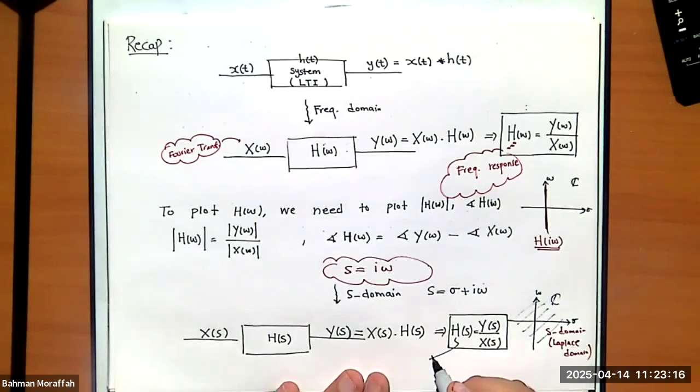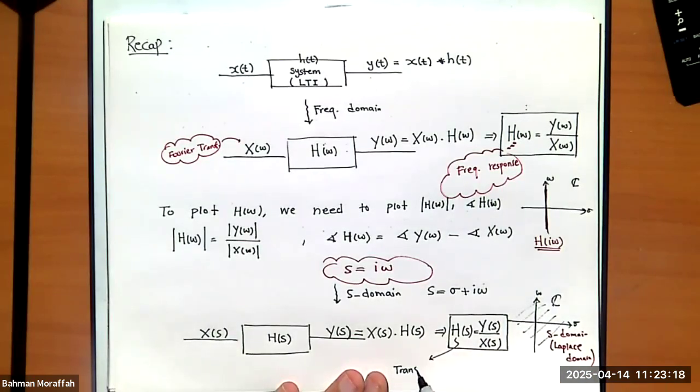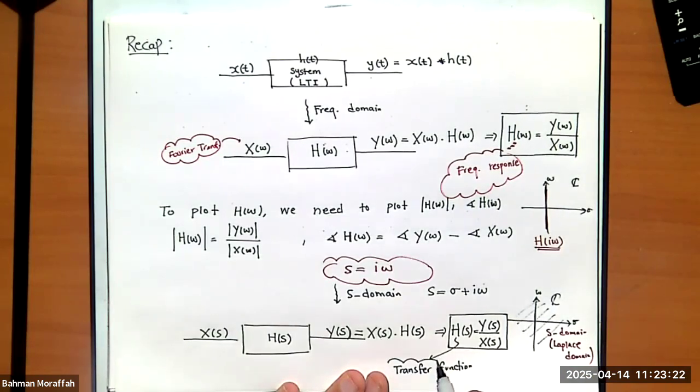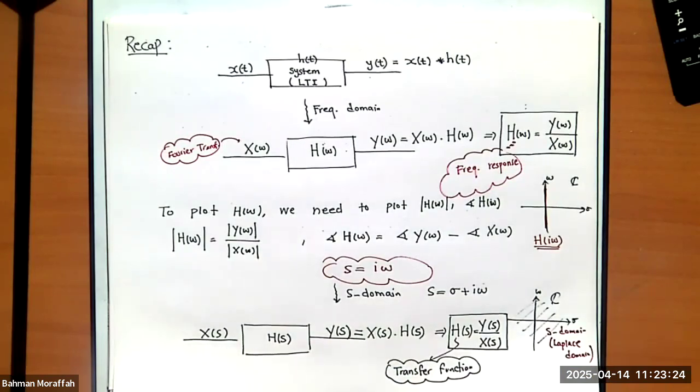Right? So this is the transfer function. The transfer function is the same as the frequency response, only evaluated in the S domain. So it's a more generalized version of the frequency response. For us, since we always define s equals i omega, it's not exactly the same.